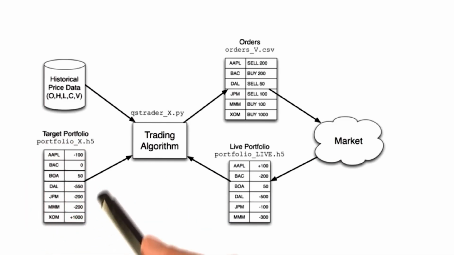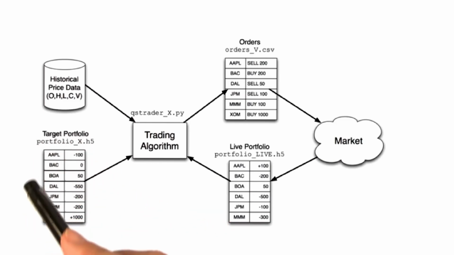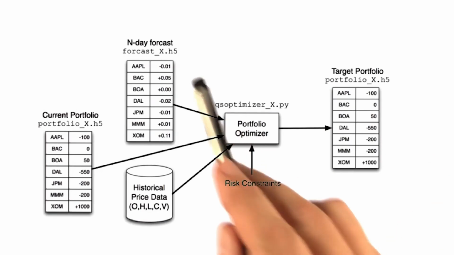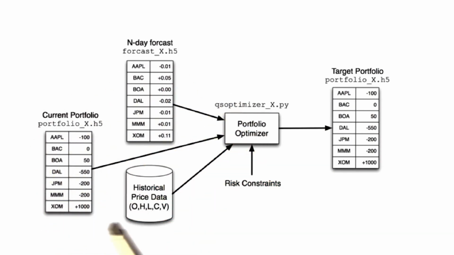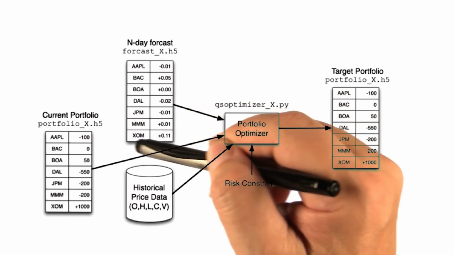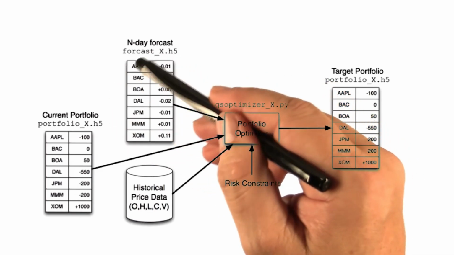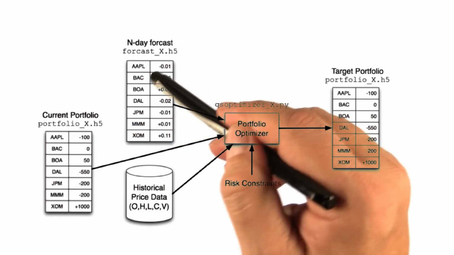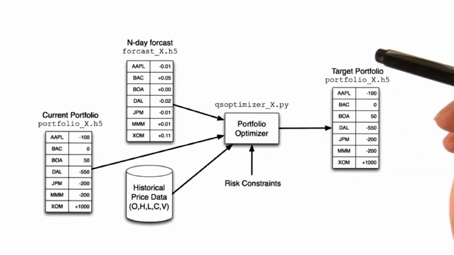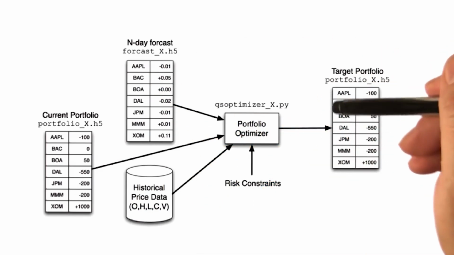Now, let's step one step back into the computing of a hedge fund and look at how we arrive at this target portfolio. Here's that target portfolio, and here is some of the data in computing that could go into computing that target portfolio. So from somewhere, machine learning perhaps, we have a forecast of what stock prices are going to be at some time into the future, and that can, of course, drive what our target portfolio ought to be for today.